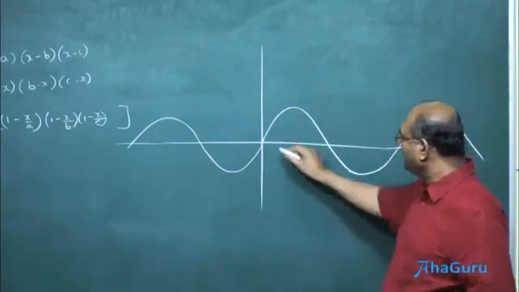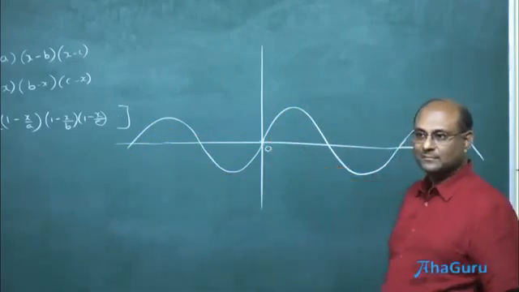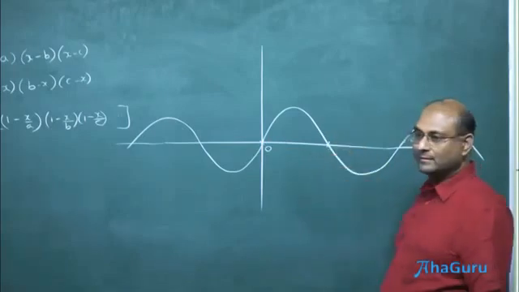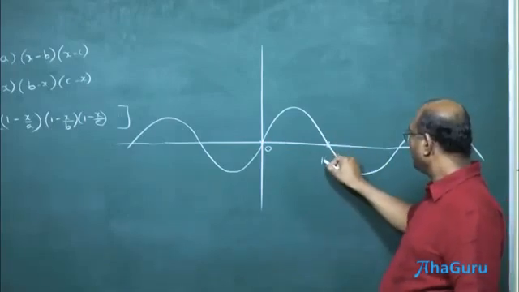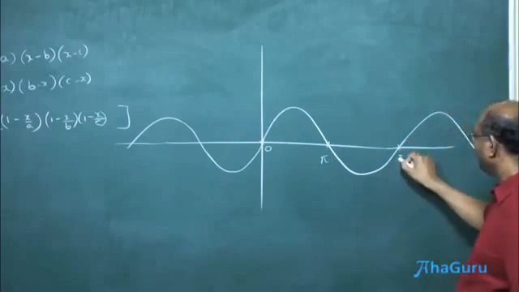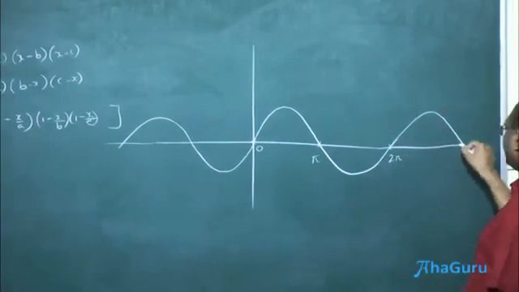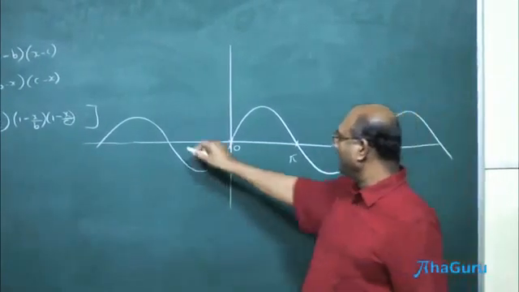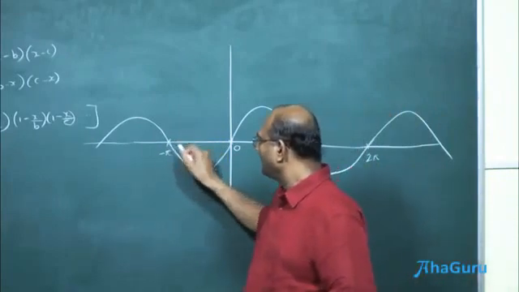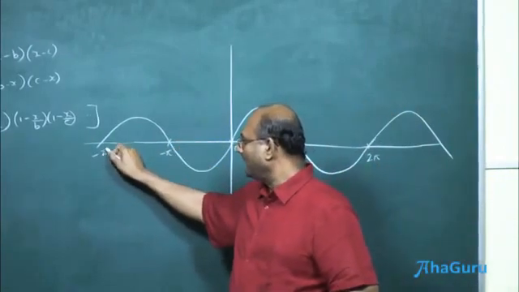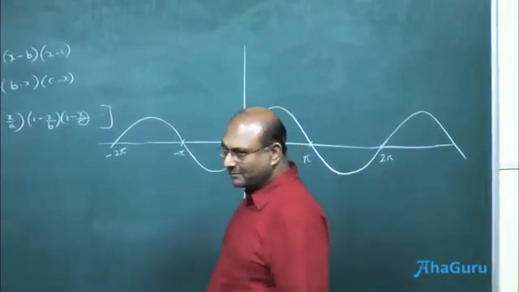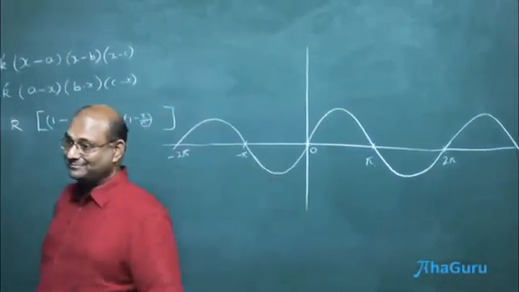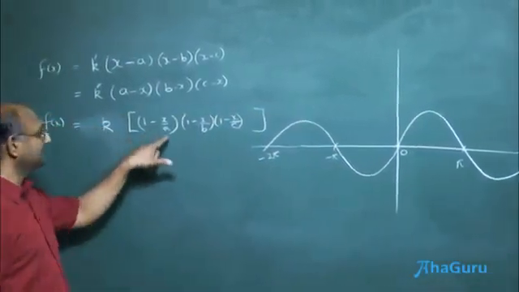It has zeros at 0, at pi, at 2 pi, at 3 pi, 4 pi, minus 2 pi, etc. The first problem is it has a 0 at 0. So that means this is a problem.